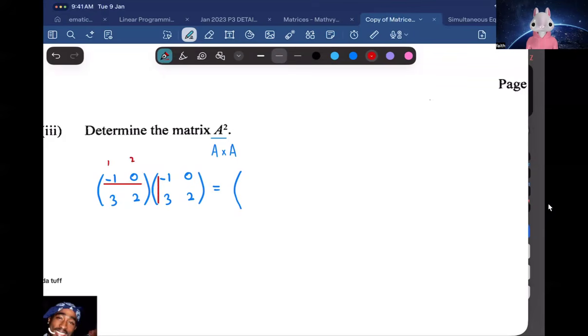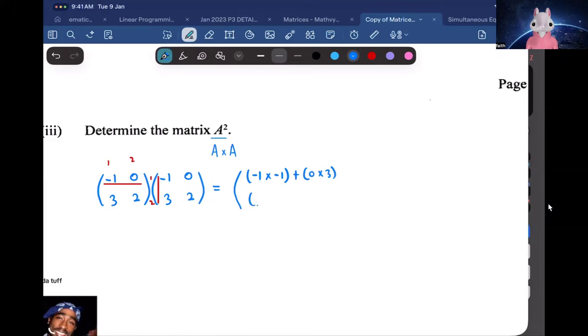Right, so this is the first element here, this is the second element here. Remember, you're multiplying all the rows by the column before you move on to the next column. So tell me how to do this. -1 by -1. 0 by 3. -1 by 0.